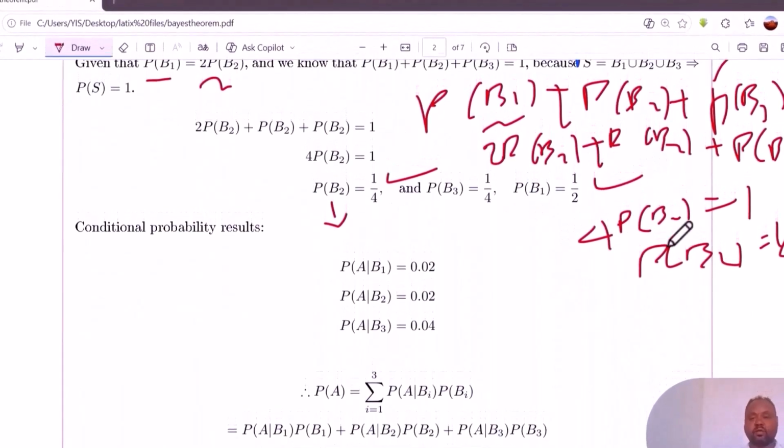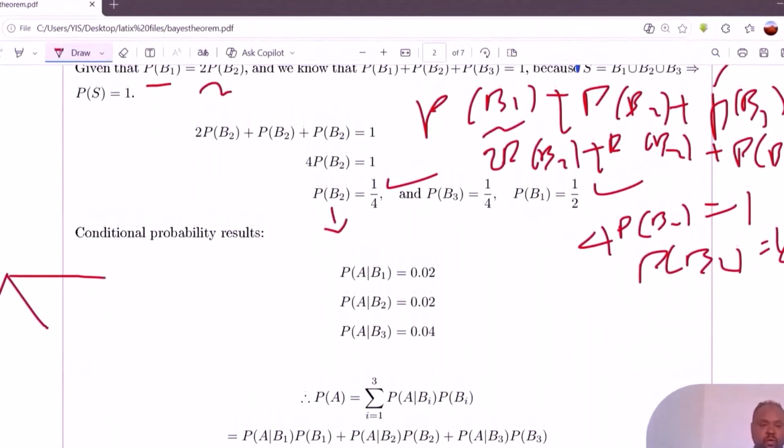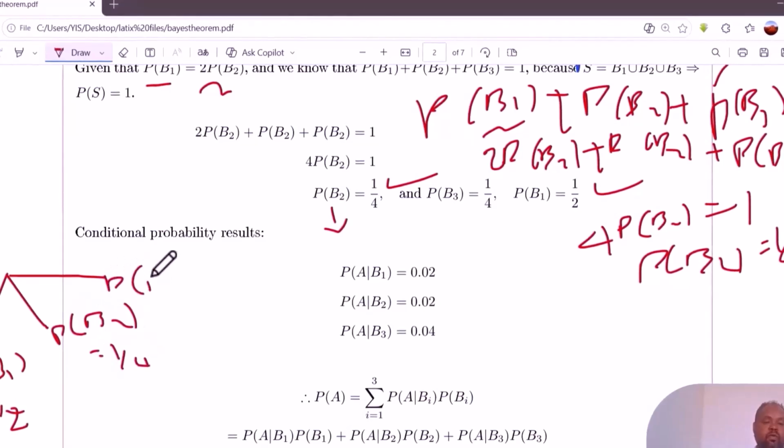So these probabilities are now known. The probability of B1 is 1 over 2, the probability of B2 is 1 over 4, the probability of B3 is 1 over 4.